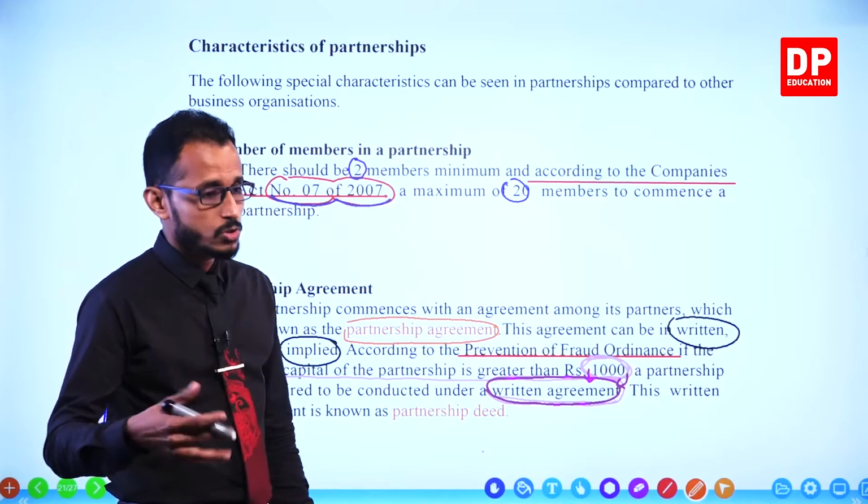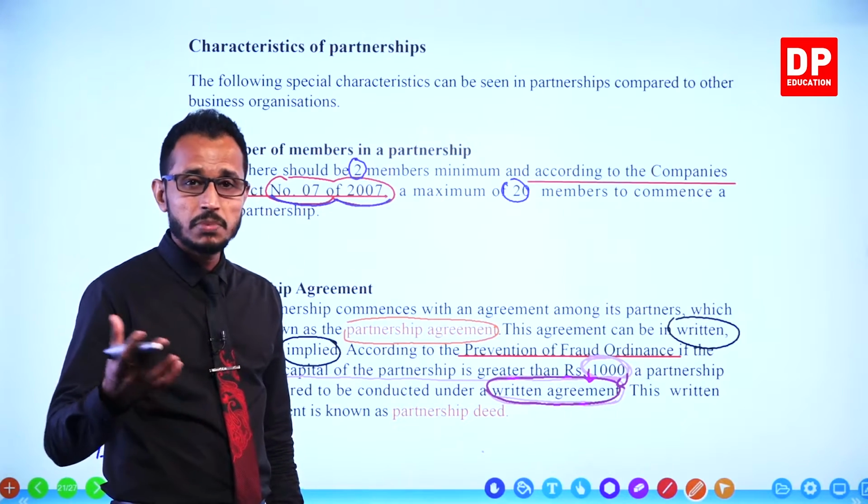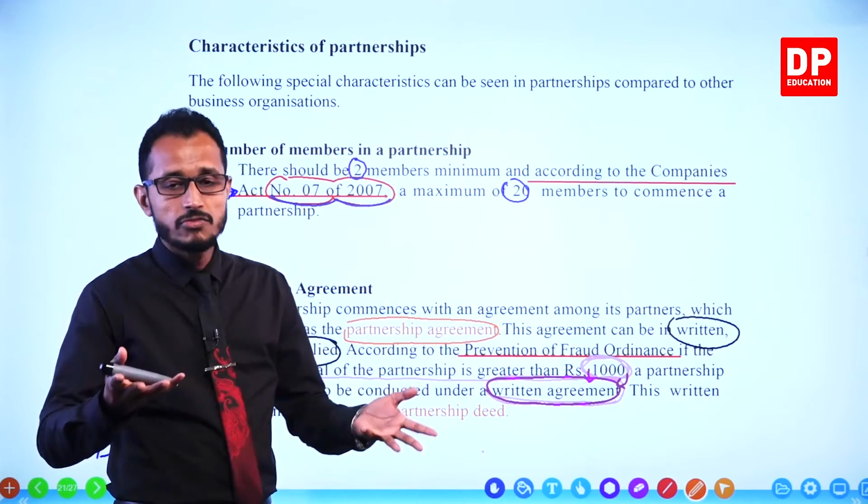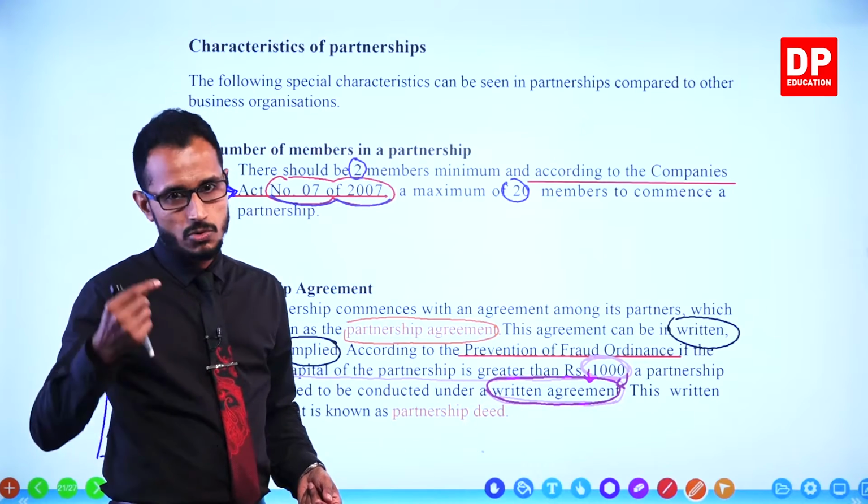Obviously, like 99% of partnership businesses have a capital more than 1,000.